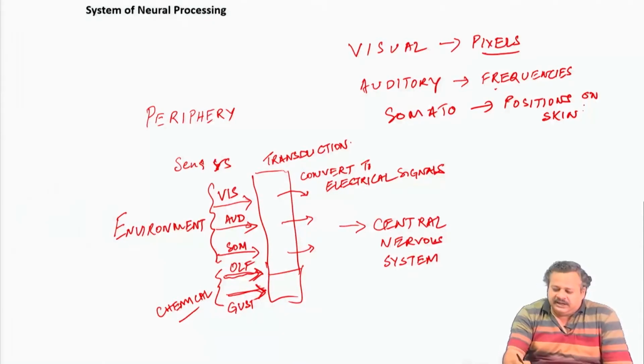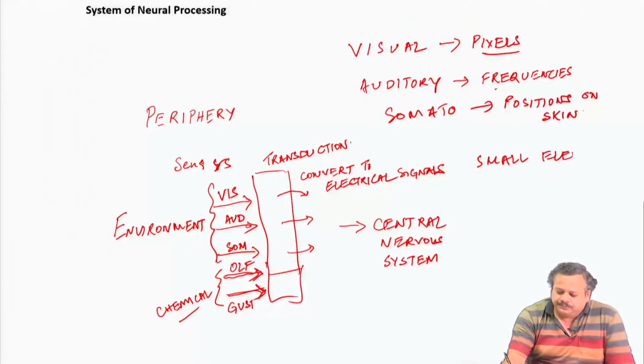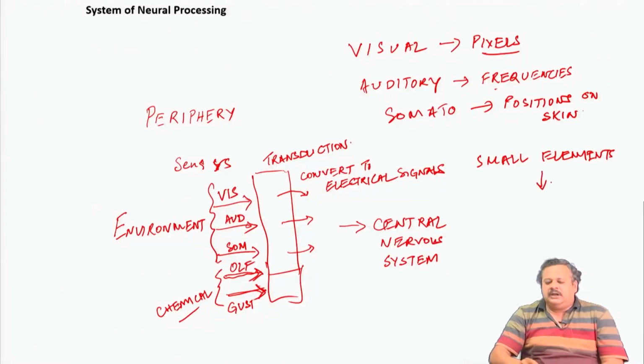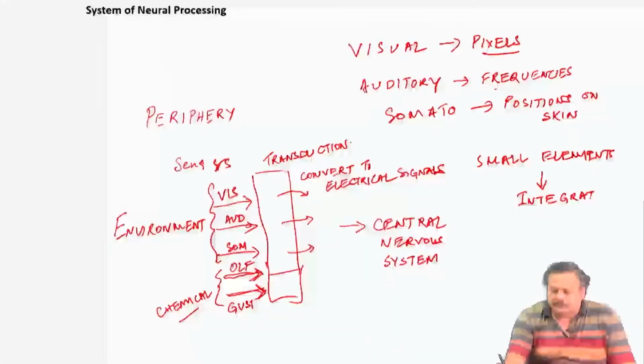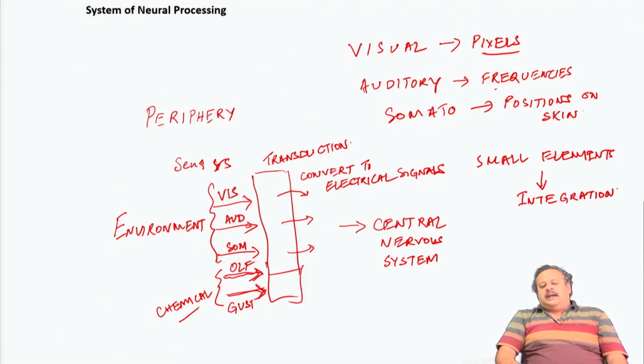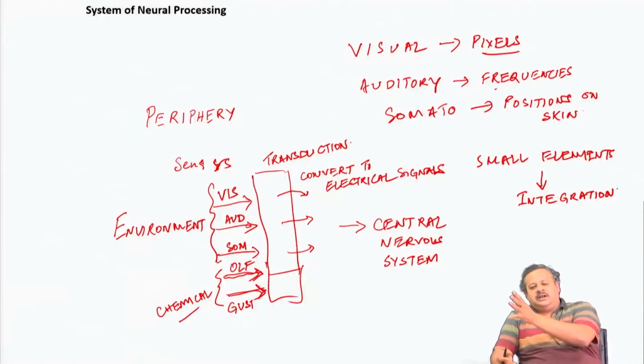So, in the first stage, as we said, it is breaking down into small elements, and then gradually there is integration of these elements. That is, it is hierarchically organized from one stage to the next stage and to the next stage, and then into the cortex and then secondary regions and so on.